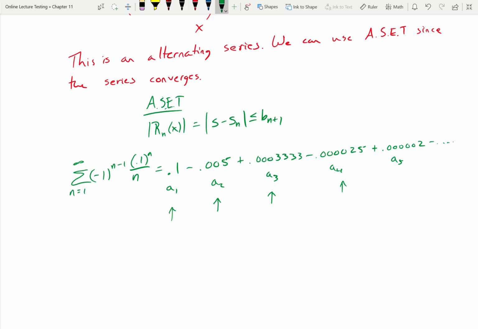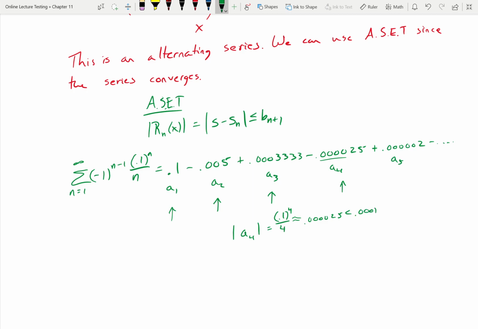So that fourth term, however, notice we have a 0 here, and there's not going to be a round off issue with 0.000025. So this is within our accuracy level. If we look at the absolute value of a sub 4, which is equal to 0.1 to the fourth over 4, is approximately equal to 0.000025, which is less than our error.